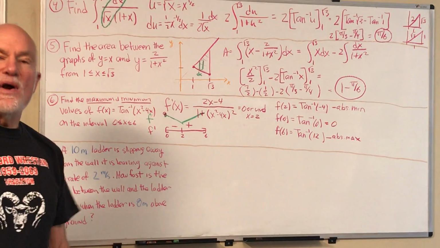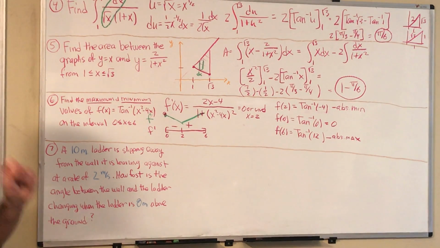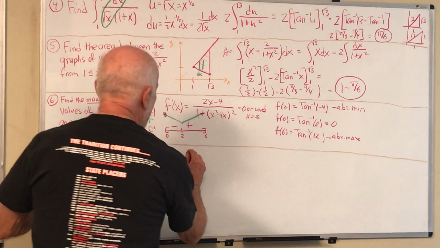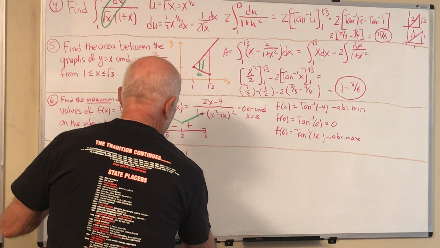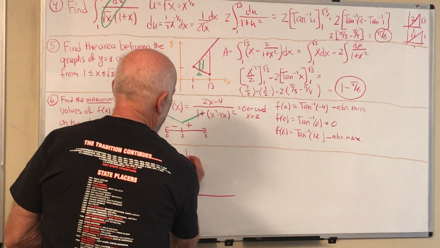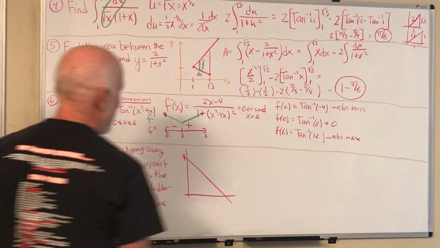So there's a max-min problem. So let's end up with a related rates problem. We have a 10-meter ladder slipping away from a wall. So draw your wall, your floor, and your ladder. I guess the ladder doesn't go through the wall.